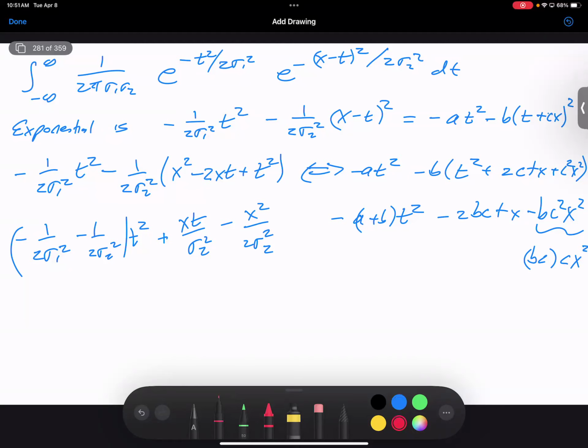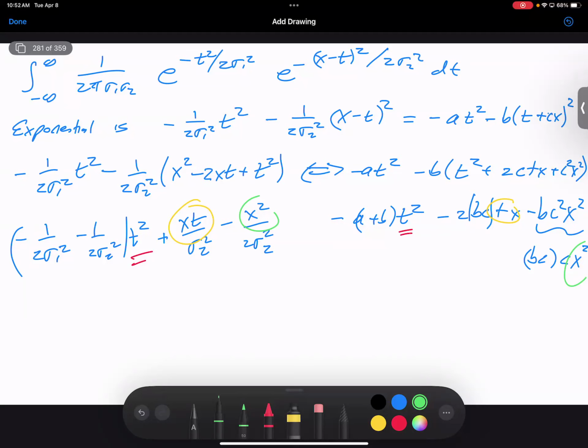So first, can I choose a value? I've got three things. I've got the t squared terms. I have the xt terms. And then I have the x squared term. I just have to show that I can find coefficients a, b, and c to match. I've got three things.